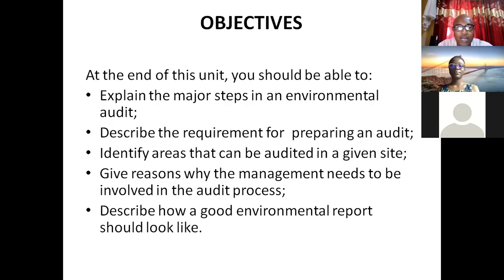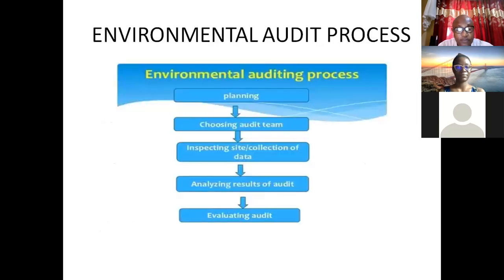Today's lecture is to explain the major steps in environmental audit, describe the requirements for preparing an audit, and give reasons why management needs to be involved in the audit process, which she has explained very well in the commitment process. So the environmental audit process involves a 5 or 6 stage process.